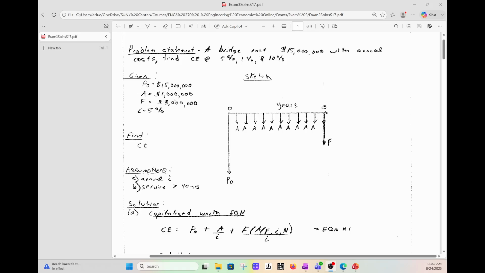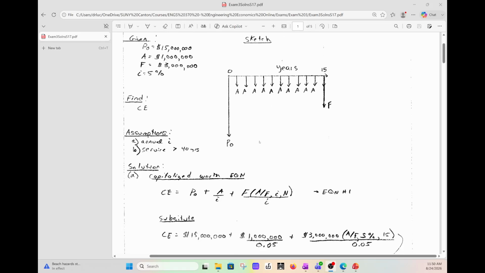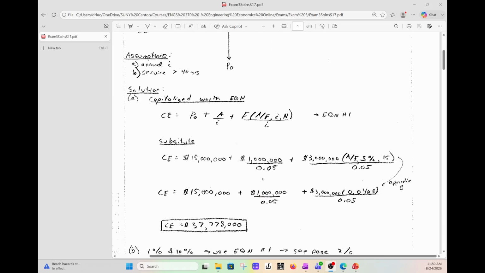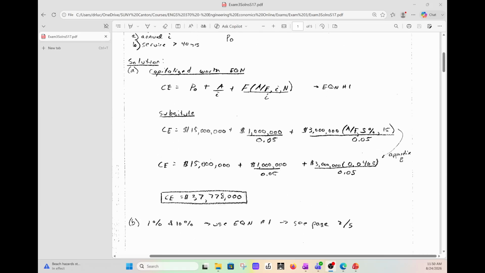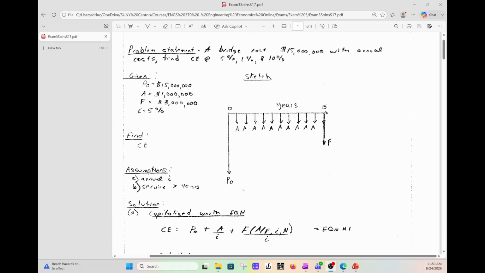So, just like engineering problems, you have an engineering format where you write down your givens, you have a sketch, and we'll talk about what these sketches mean in the next video. You have equations, you plug your numbers in, and you can figure out how much this bridge is going to cost per year with these different interest rates.